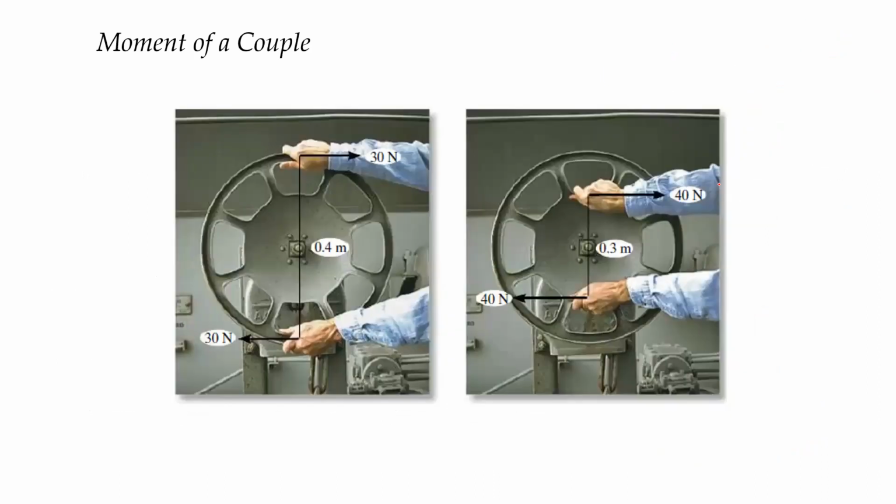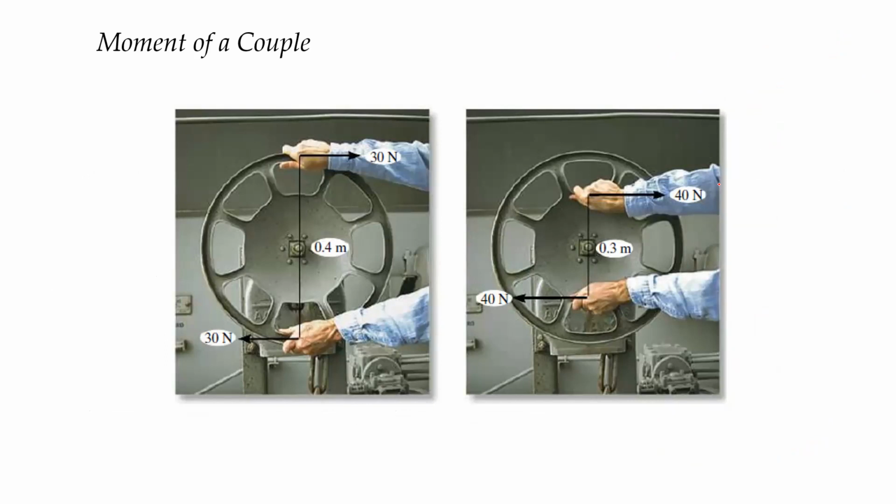Okay, so the representation would be, if you have a big wheel here, and its diameter is 0.4 meters. If you pull your right hand towards you, and push your left hand away from you at the same magnitude, which is 30 Newton.